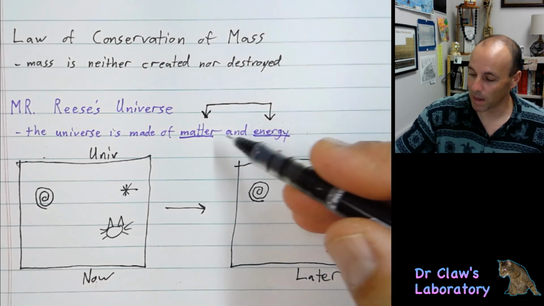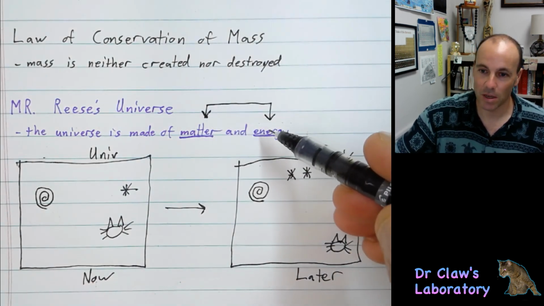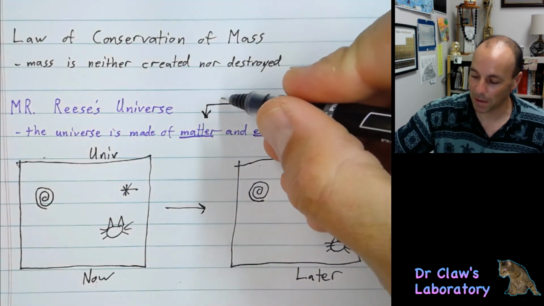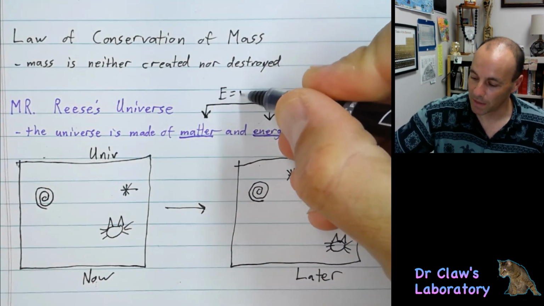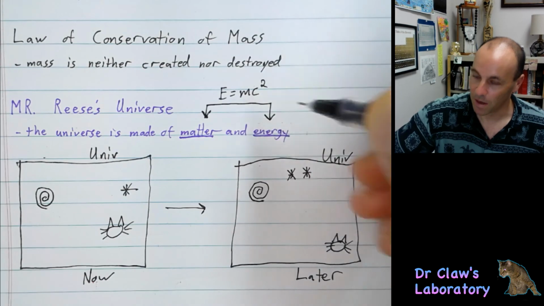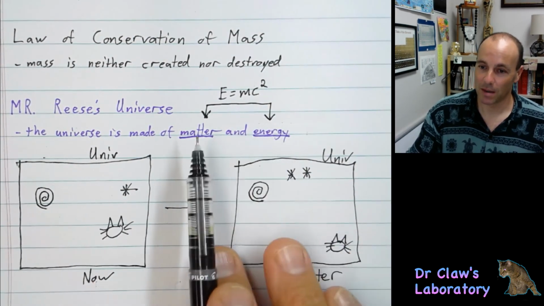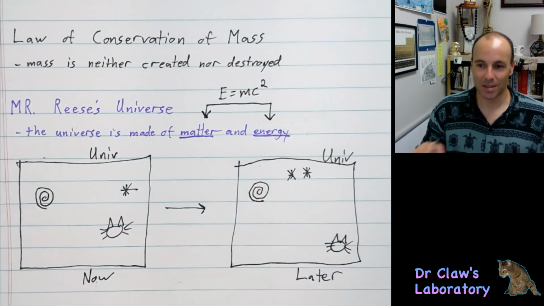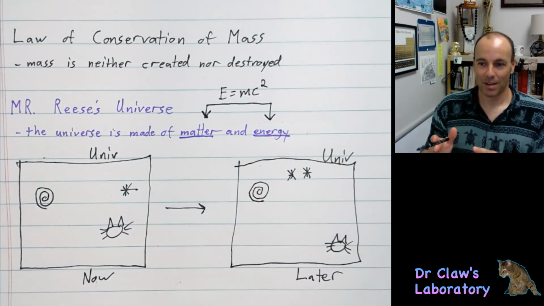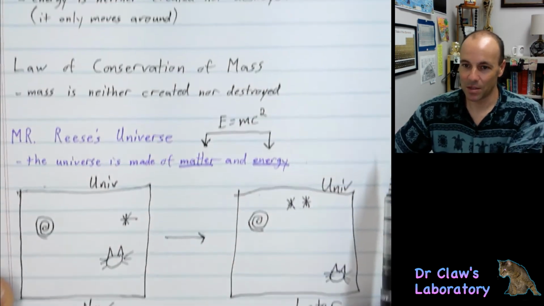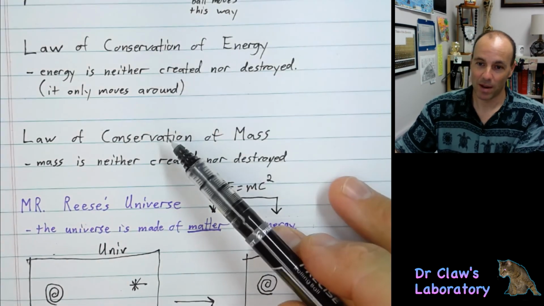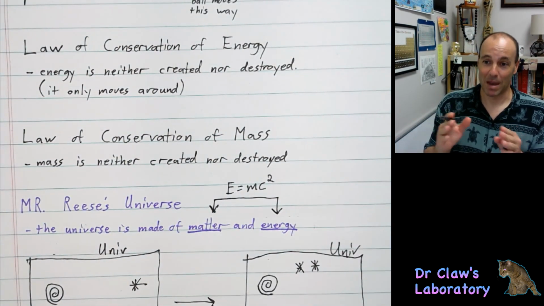If you want to talk about how matter can turn into energy and energy can turn back into matter, go take physics. And in physics, you'll talk about how matter and energy are really two sides of one coin, and instead of having these two laws, you have one law, the law of conservation of mass energy.